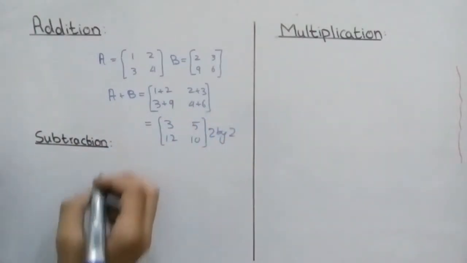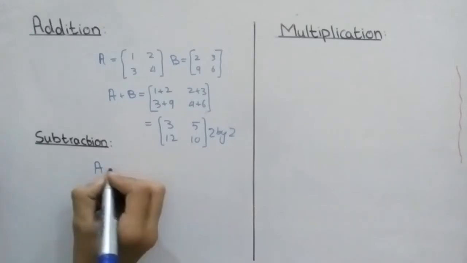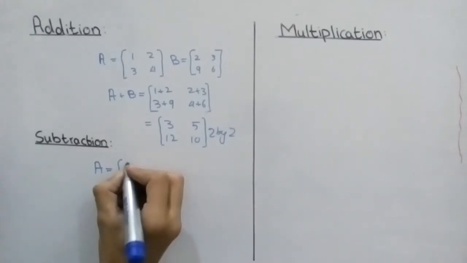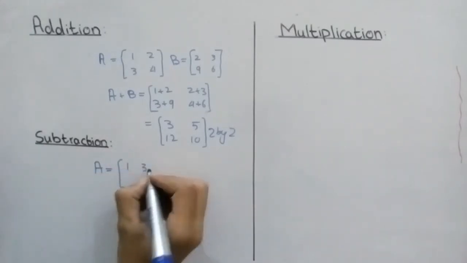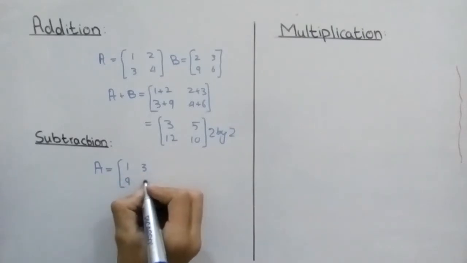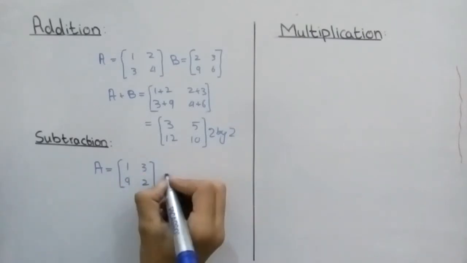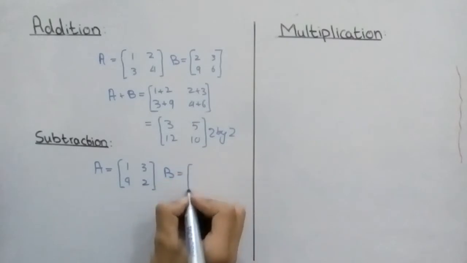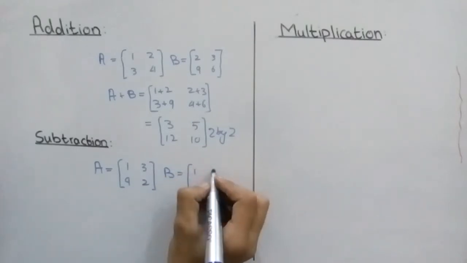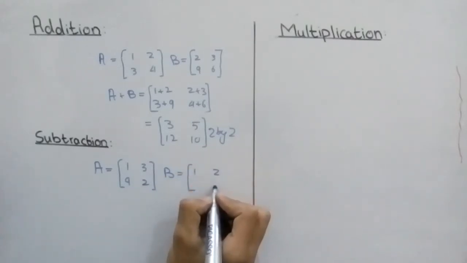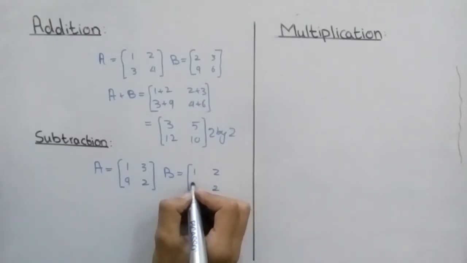Now look at subtraction. Let's take a matrix A equal to 1, 3, 9 and 2, and take a matrix B equal to 1, 2, 2 and 7.